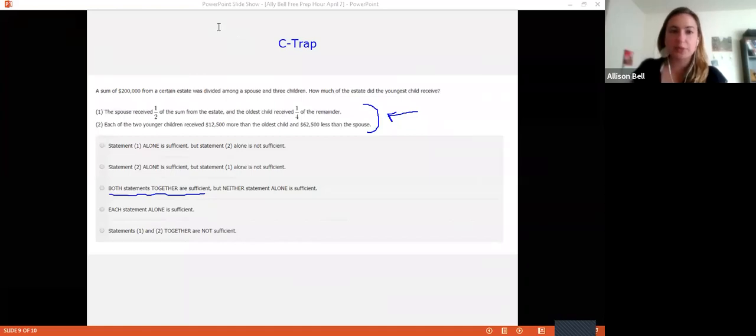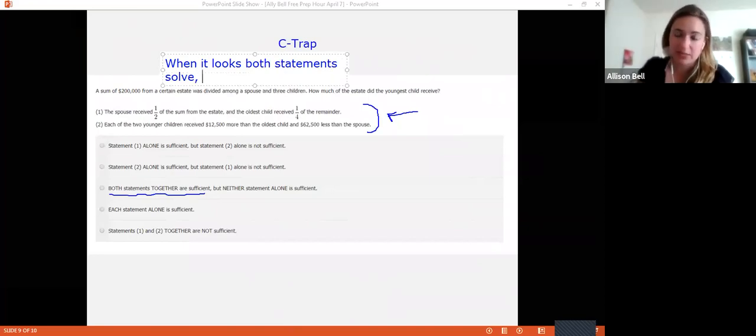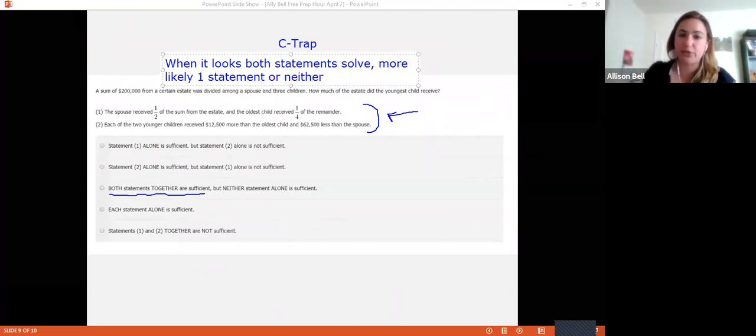And so a lot of people just assume that you need both statements to solve because you can solve with both statements. When it looks like both statements solve, it's actually more likely to not be C. It's more likely that one statement is sufficient alone, or that neither statement is sufficient, or maybe both statements are sufficient alone.